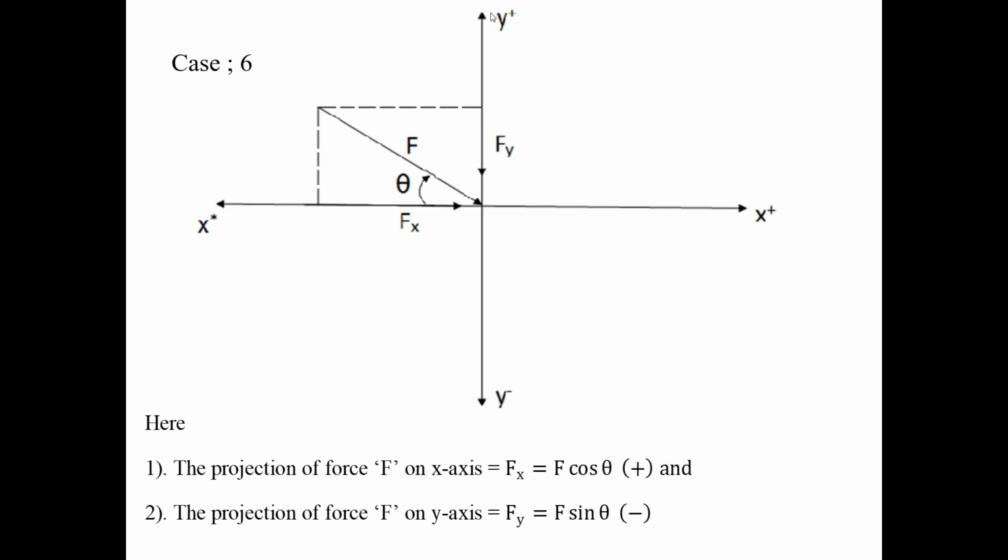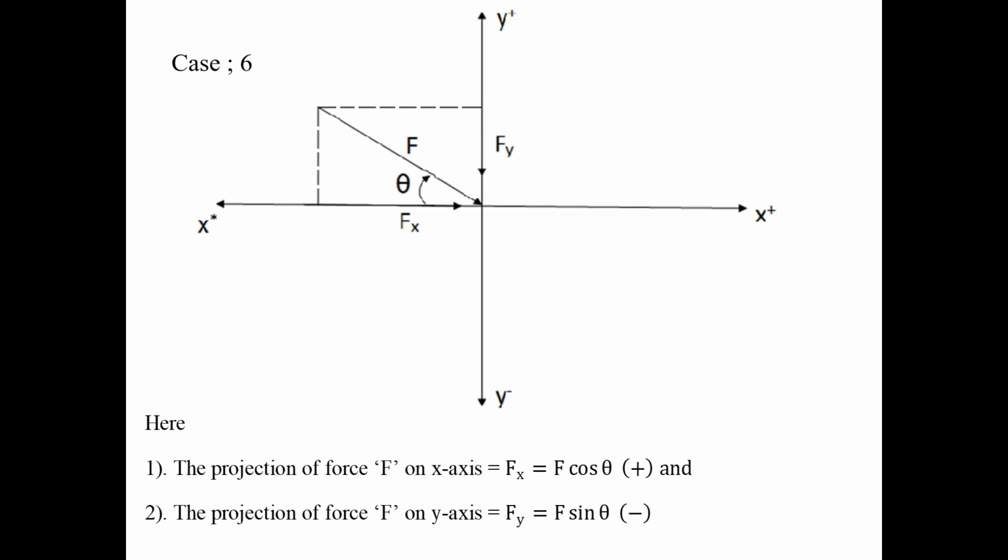The direction of projection Fy is towards the negative y-axis direction, downward direction. So this Fy projection is the negative projection. So in this sixth condition, Fx is the positive projection, F cos theta, Fy is the negative projection, F sin theta.